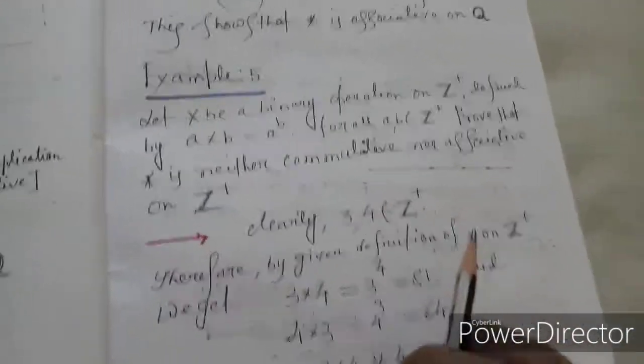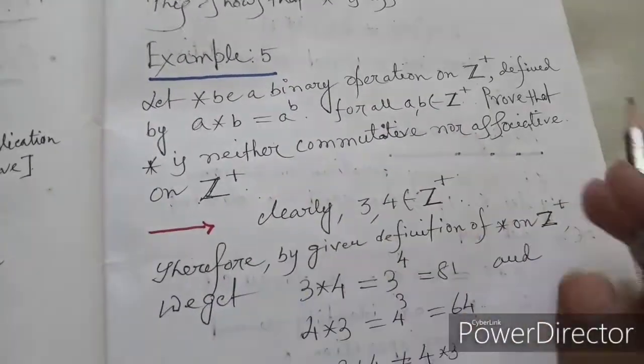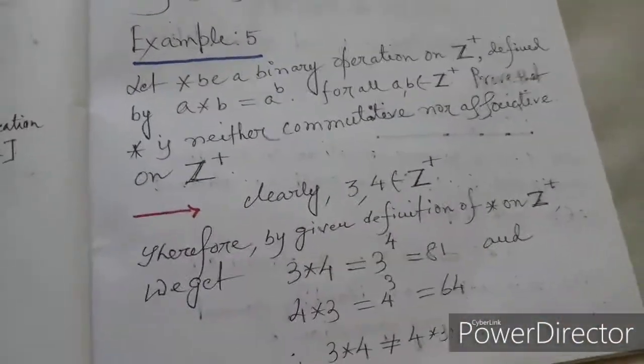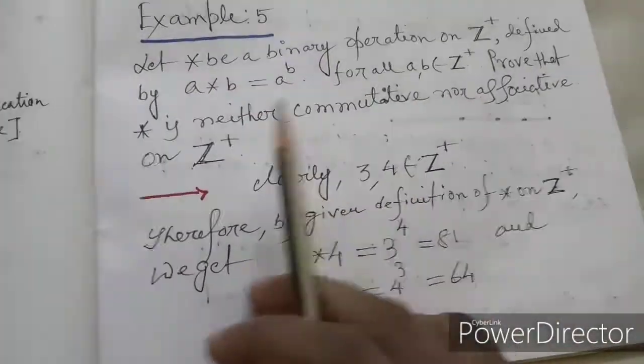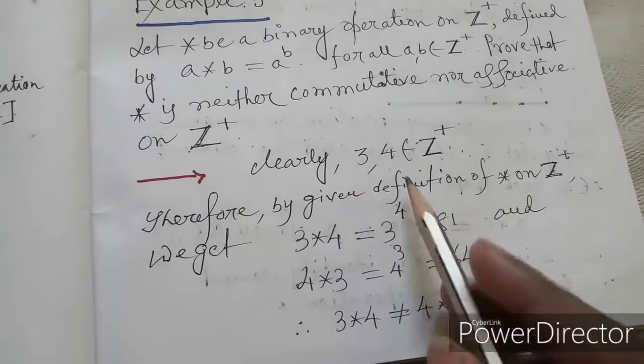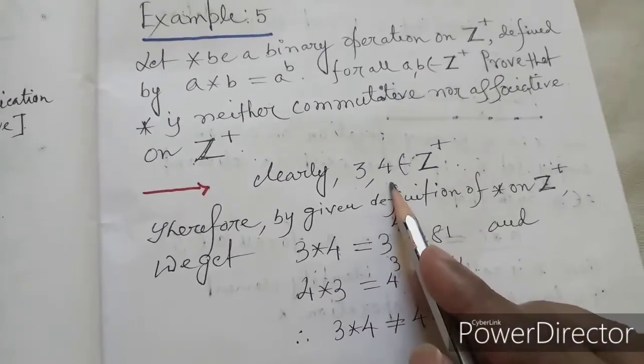That means you have to show that star is not commutative as well as star is not associative on Z plus. Now for the not commutative part, clearly 3, 4 belong to Z plus, that means 3 and 4 both are positive integers.